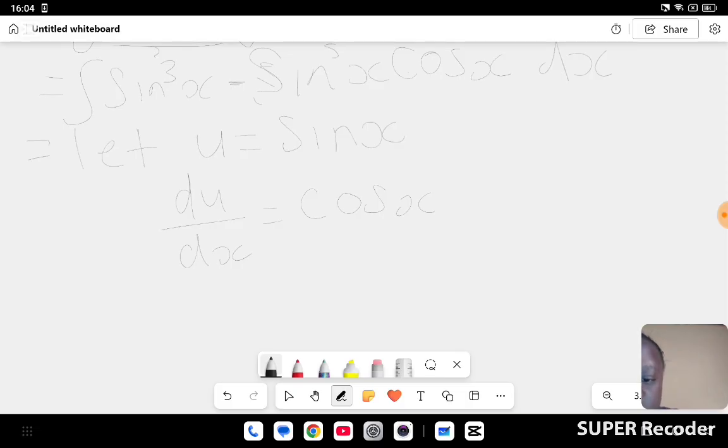Remember that we have to substitute these, so in each and every case dx has to be equal to something, du divided by cos x.